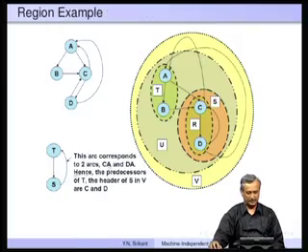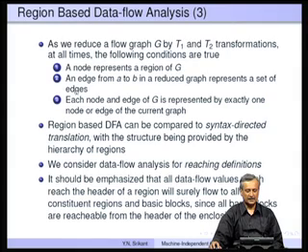So, for example, this edge, S to T. So, we have S here and this is T. So, these are the two edges corresponding to one edge in the bigger reduced graph. Each node and edge of G is represented by exactly one node or edge of the current graph.